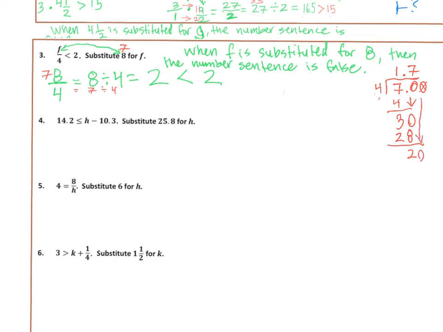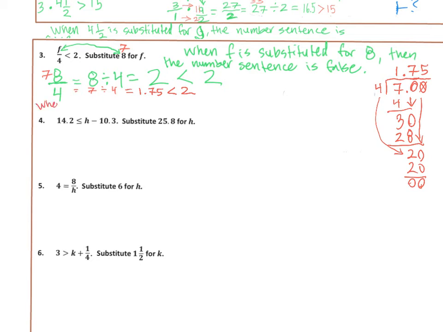And then we're going to see how many times 4 goes into 20. Well, 4 goes into 20 5 times. 4 times 5 is 20. And we close that out nice and neat. So we got the answer is 1.75. So 1.75 is indeed less than 2.